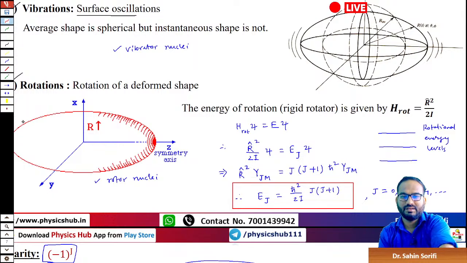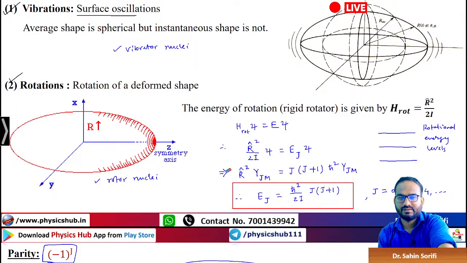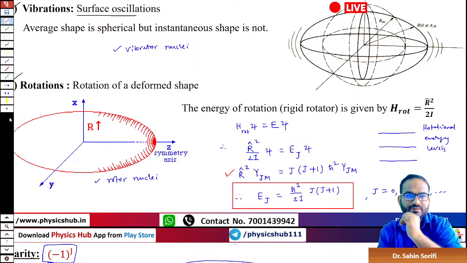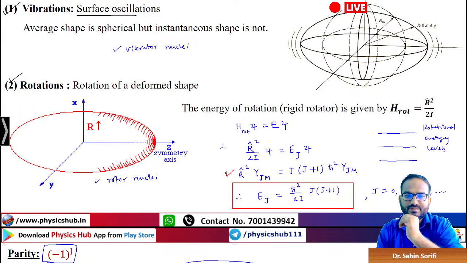Look here, one addition, this is an information used here. You see, this information that R square while applying on Y_jm produces j into j plus 1 h cut square. This thing we have put here to evaluate this value.